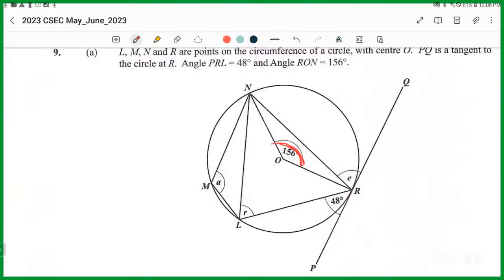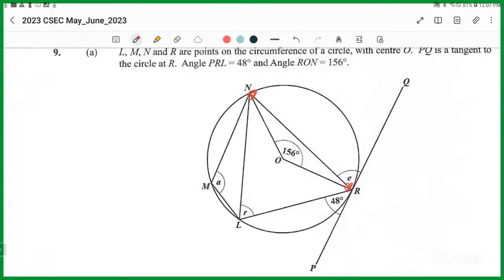This angle at center is subtended by this chord, or by that arc. The same arc or chord from this point subtends this angle at the circumference. The one at center is twice the one at circumference, so this angle up here is half of 156. You know that already.